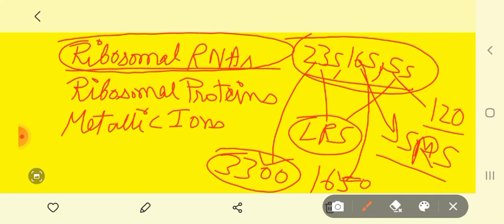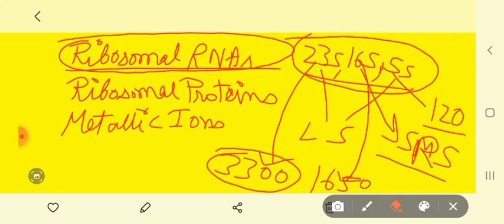The rRNA is obviously made up of ribonucleotides. So this was about the prokaryotic ribosomes.